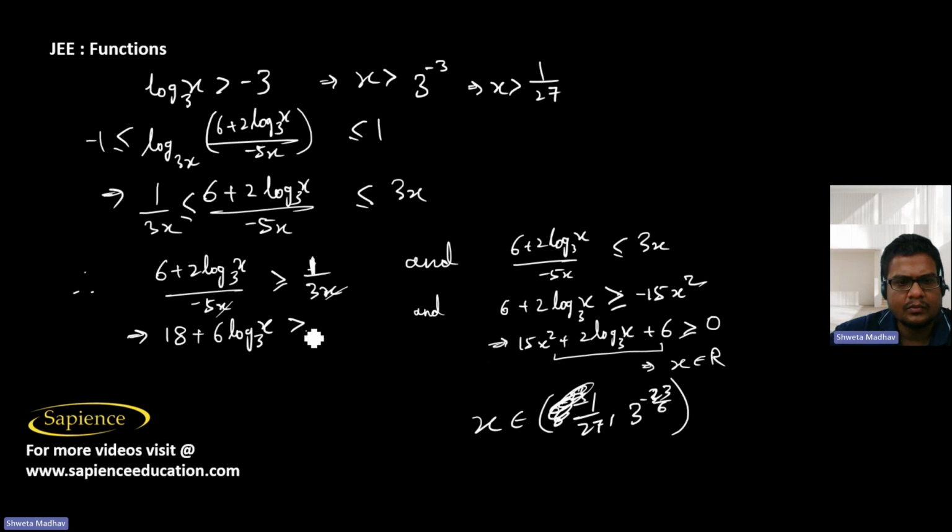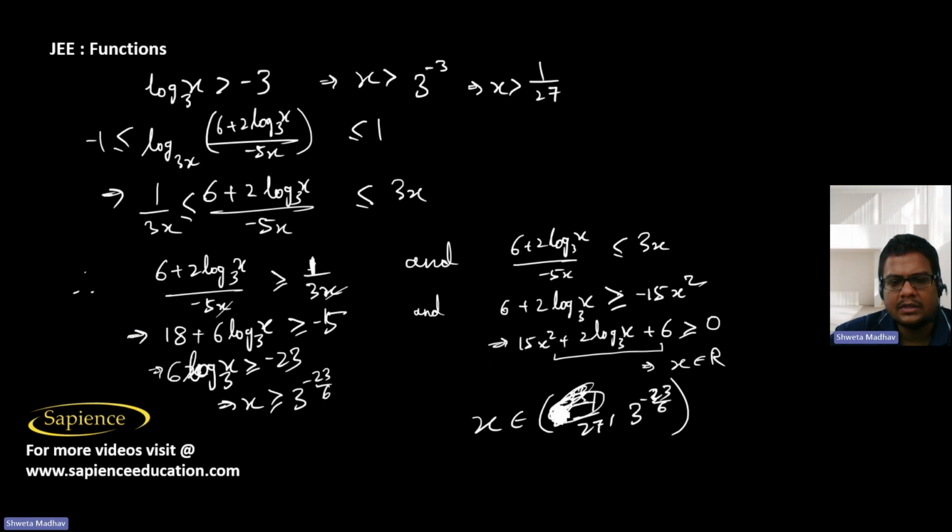This is more than minus 5. Then 6 log x base 3 should be more than or equal to minus 23. Then it means x should be more than or equal to 3 power minus 23 by 6.